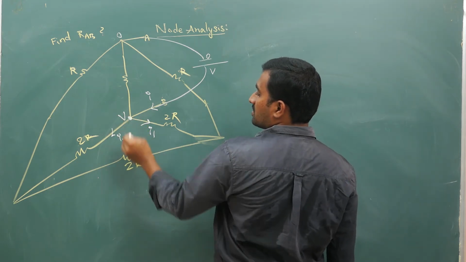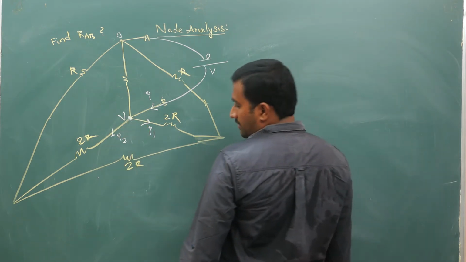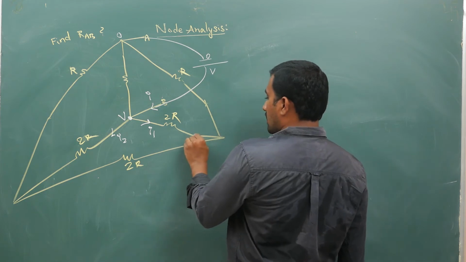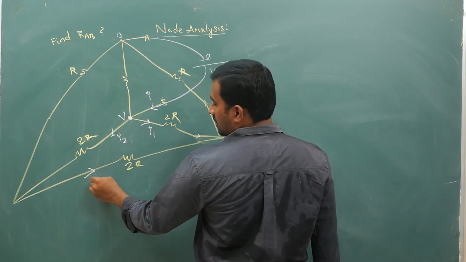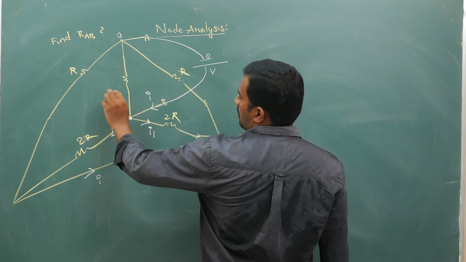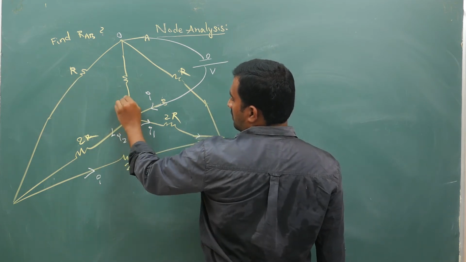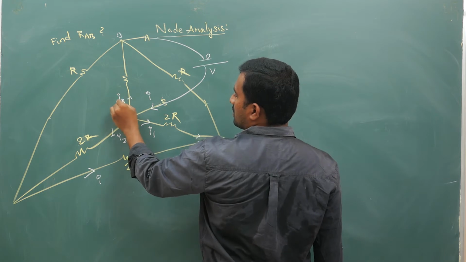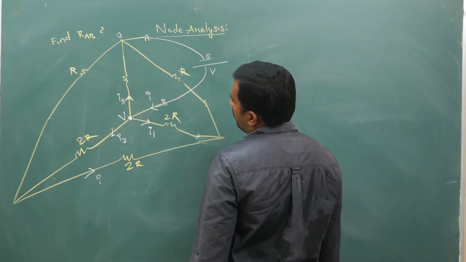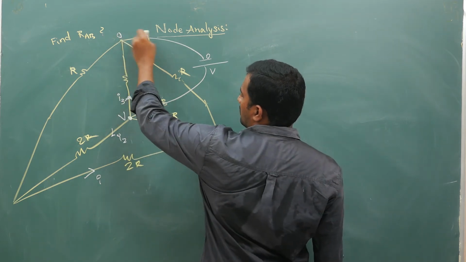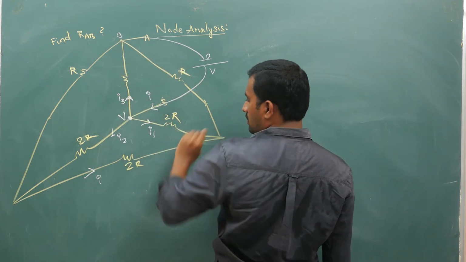This is your first node. Then this current I1 comes here, and from this side current I3 is entering here. So from this side current is entering, and it will combine.